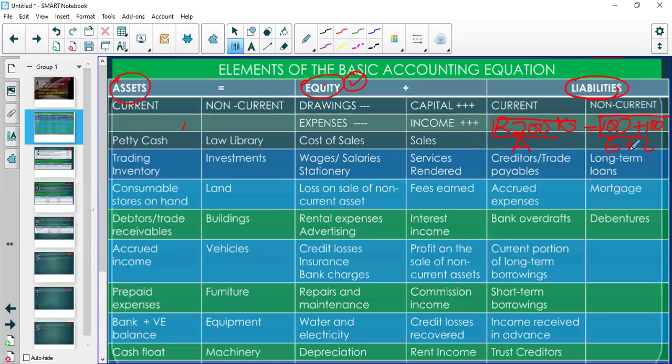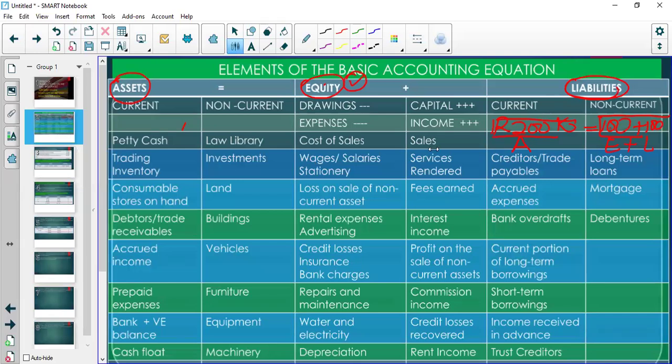So what we're going to do in this particular discussion is show you how transactions affect assets, equity, and liabilities in a discussion of the basic accounting equation, the double entry effect of transactions.